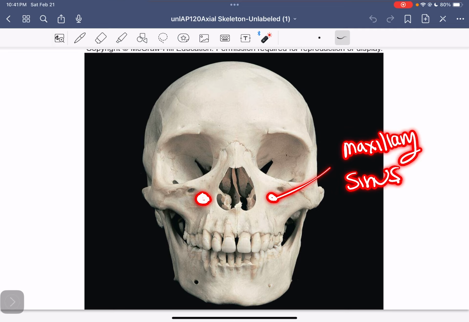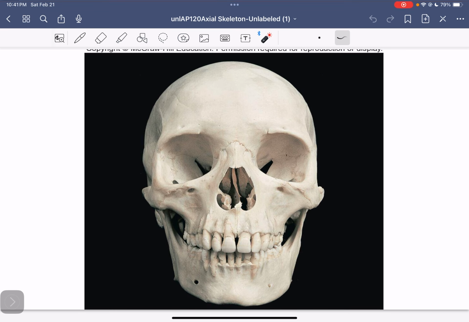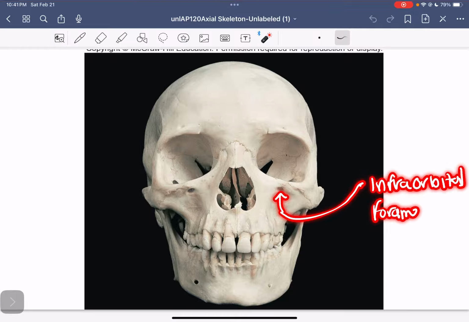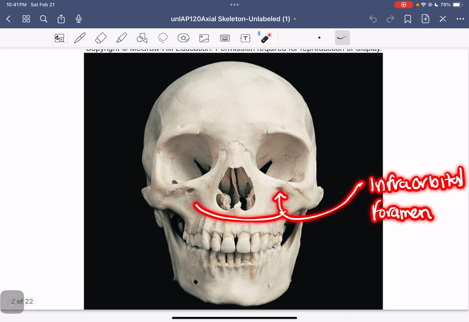The next thing is you have your little openings here. These are called your infraorbital foramen, which is just an opening. You have them on two sides.